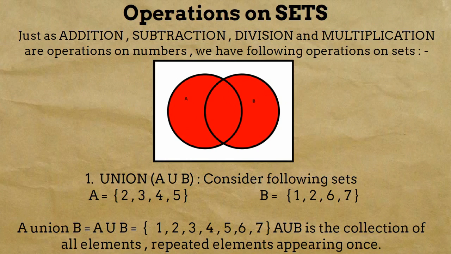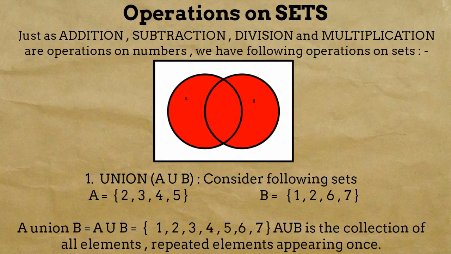A is equal to 2, 3, 4 and 5 and B is equal to 1, 2, 6, 7. Now A union B is equal to 1, 2, 3, 4, 5, 6 and 7, which means A union B is the collection of all the elements, repeated elements appearing only once.